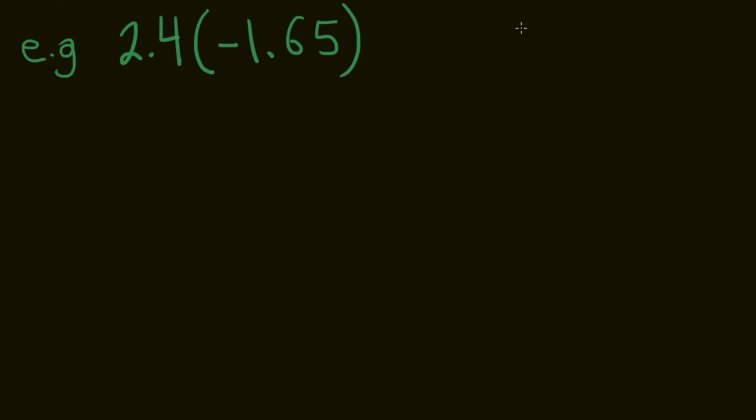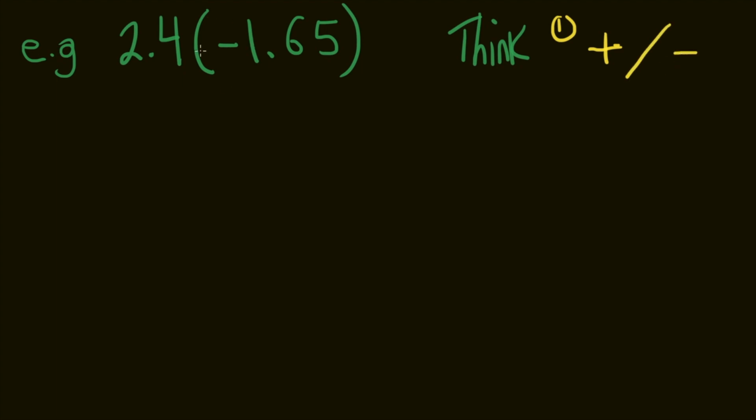Alrighty. So a few things when you're multiplying decimals. So let's see. Think. So kind of like your thought process. Number one, is your answer going to be positive, or is it going to be negative?